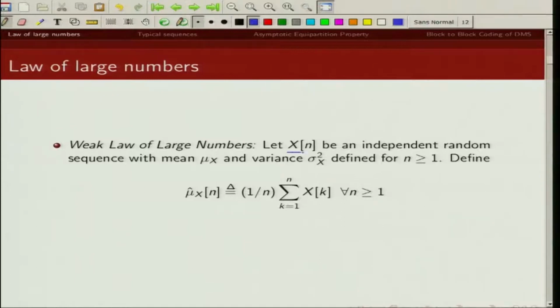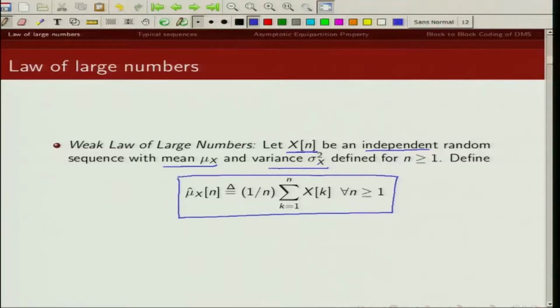Let x of n be an independent random variable sequence with mean mu of x and variance sigma x square. Then the sample mean is given by the summation of x k, multiplied by 1 by n.